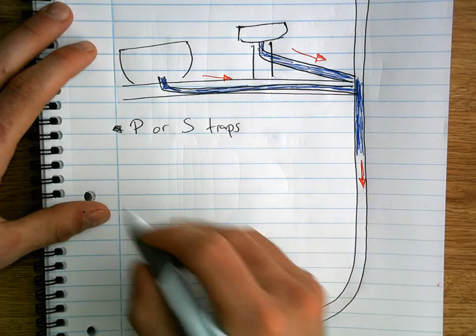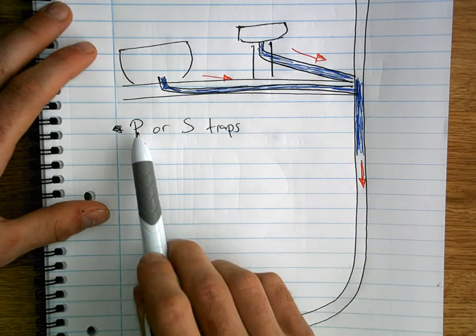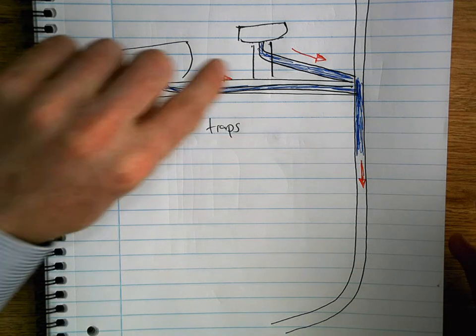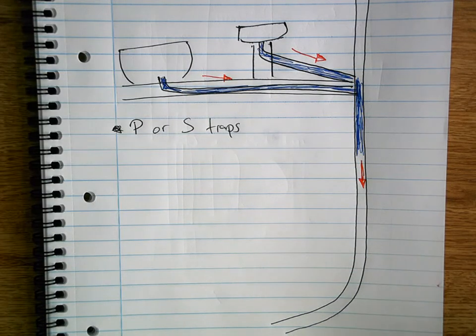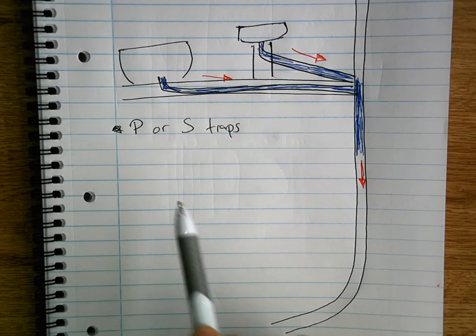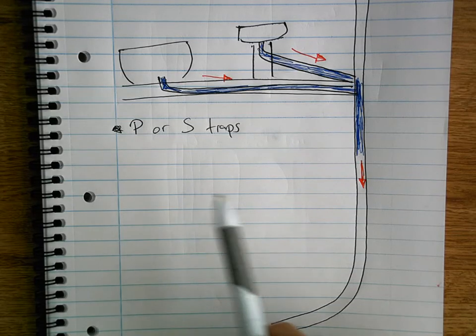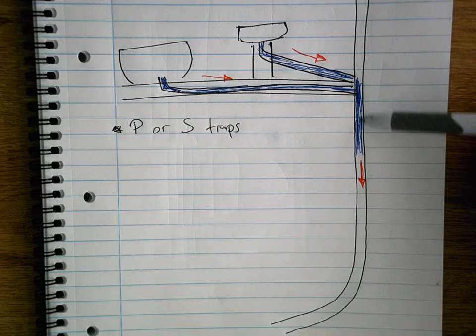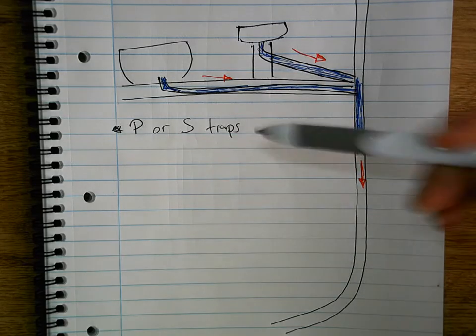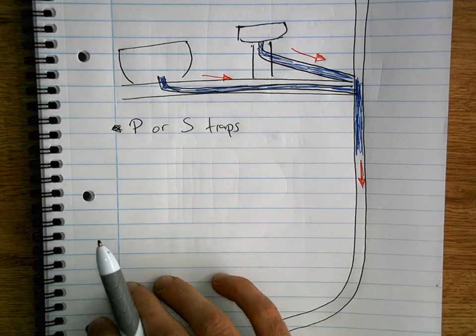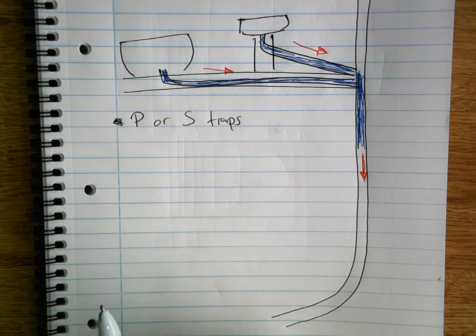Now the way they work is that the P or the S, that's basically the shape that the pipework takes coming out from the sink, coming out from the bath, and the function of putting that shape on a pipe is it forms a seal of water and prevents any kind of odours creeping back up through the wastewater pipe and then coming up through the sink or the toilet or whatever else, or the bath, and it just prevents those kind of nasty smells coming back up.